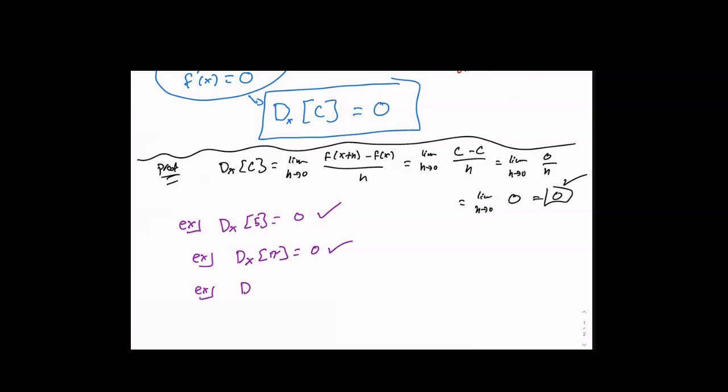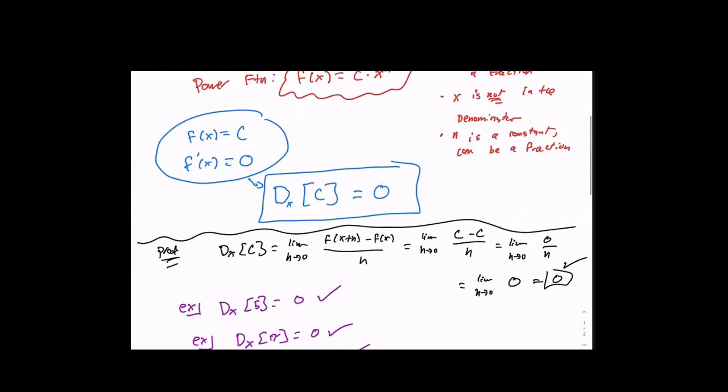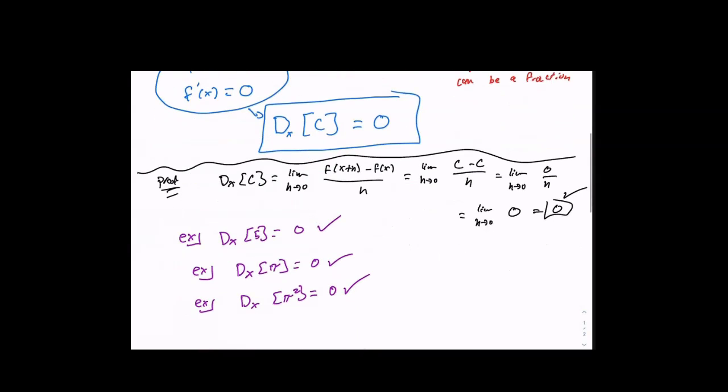What's the derivative of pi squared? It's 0. That's it. Here's the rule: even a constant squared is still a constant, so its derivative is still 0.